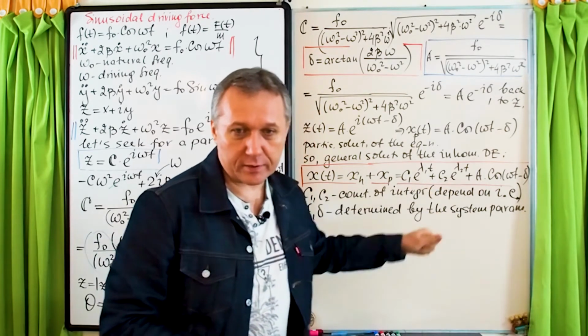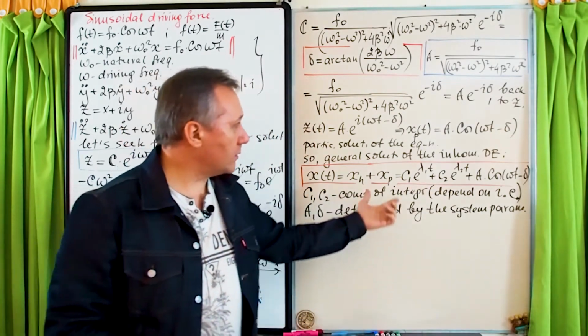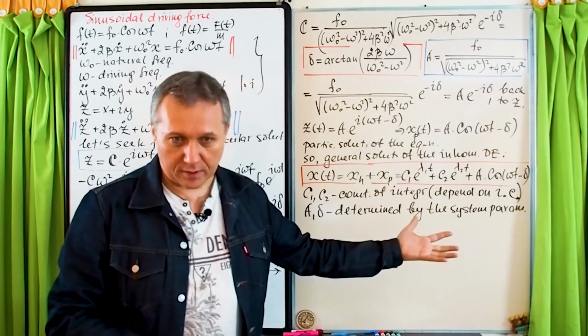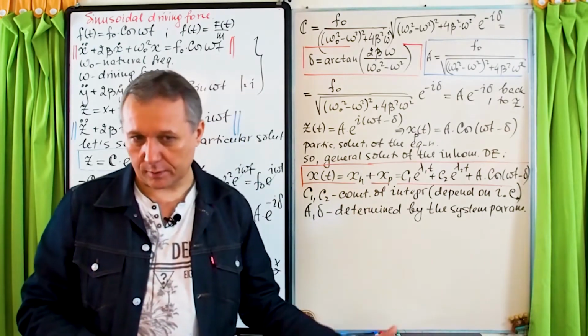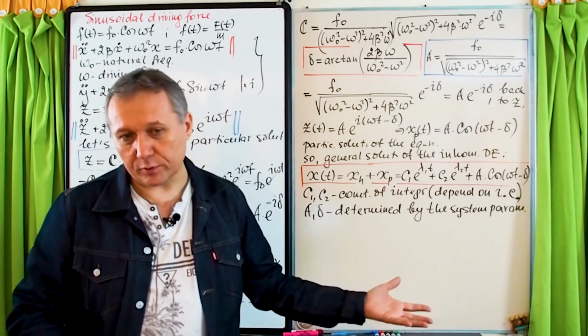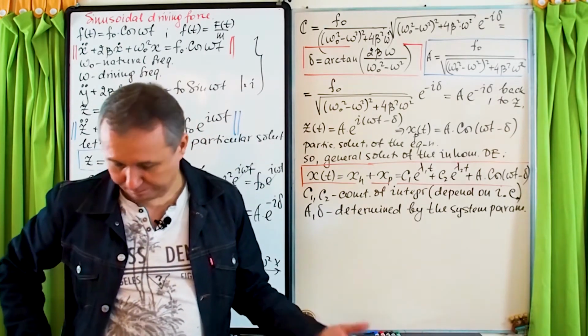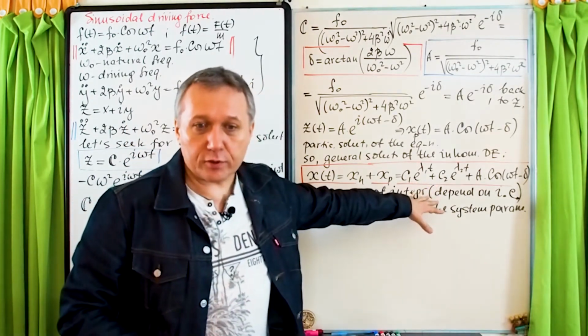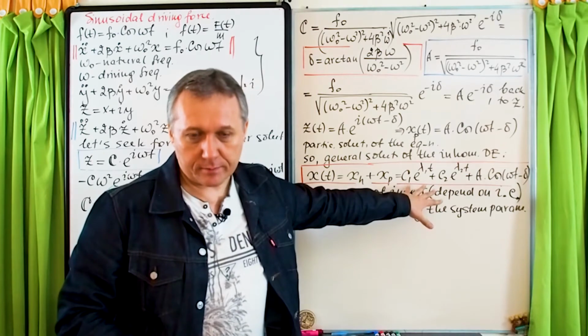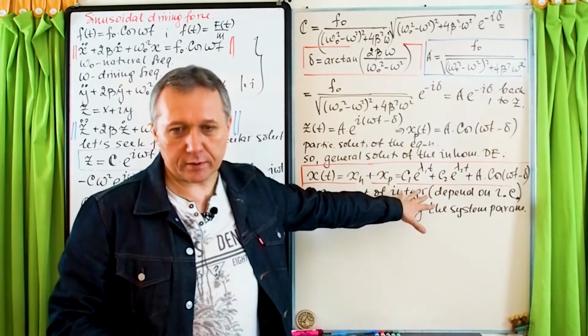Why is it transient? Because since there is a damping force, of course the amplitude goes down. And if you wait long enough, maybe a few cycles, maybe a little bit longer, of course the transient solution will disappear.